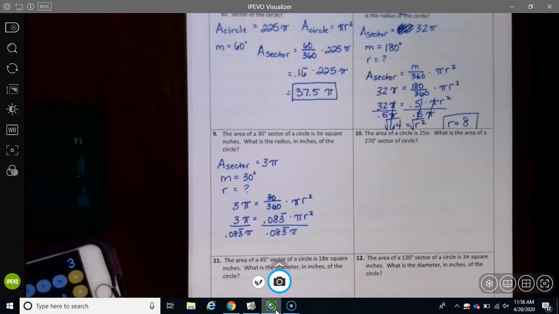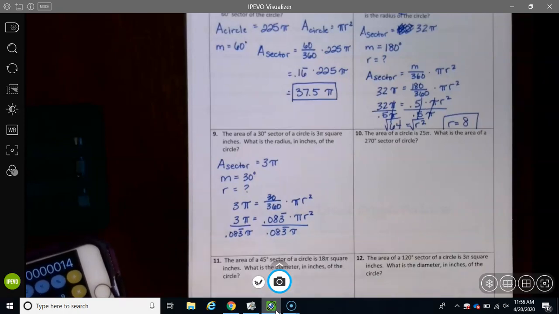This is where the school calculators would have come in a lot more handy. I'm just reducing that fraction instead. So 3 divided by 0.0833333, as far as you can go.